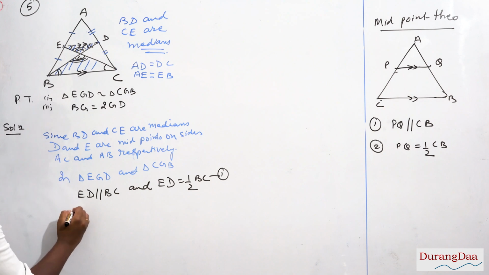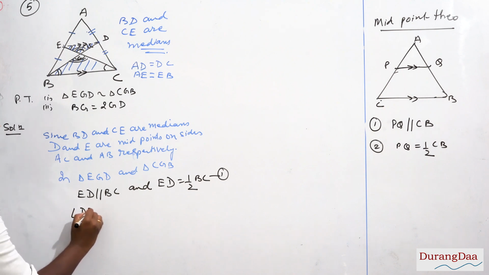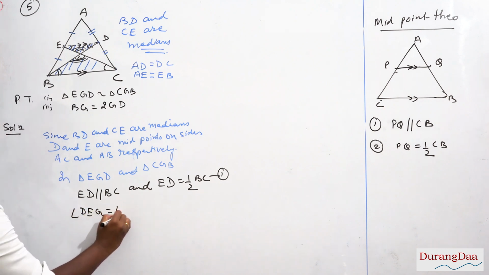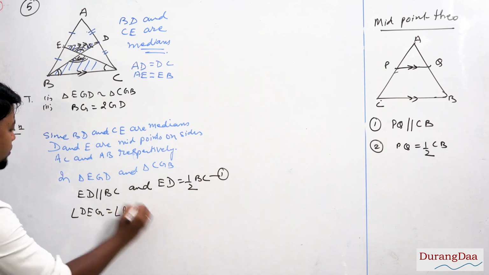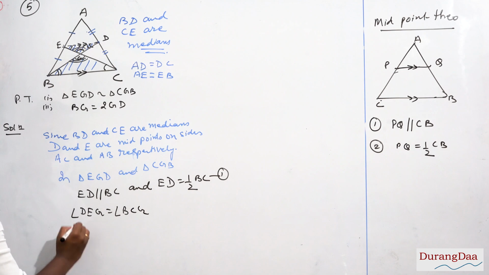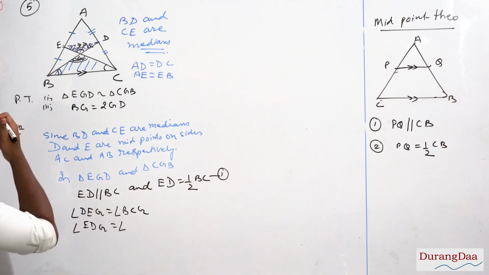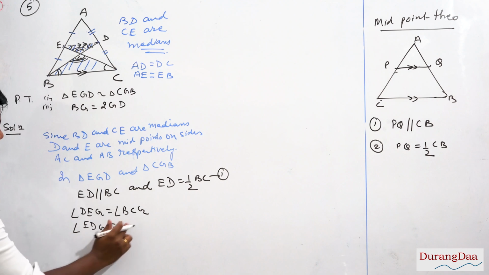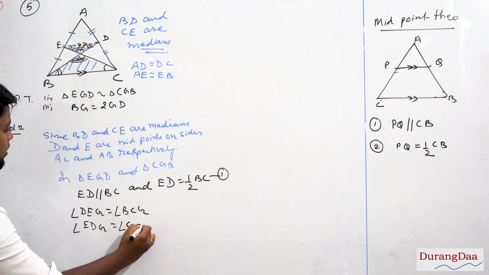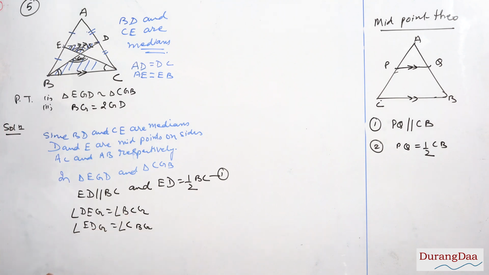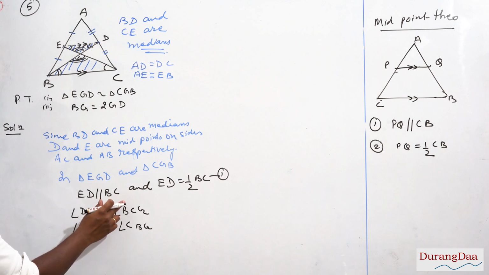Okay. So first one, angle DEG equals angle BCG. Second one, angle EDG equals angle CBG.